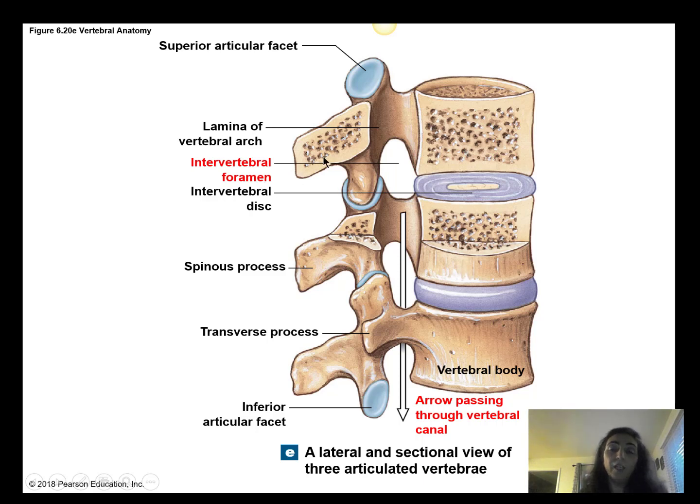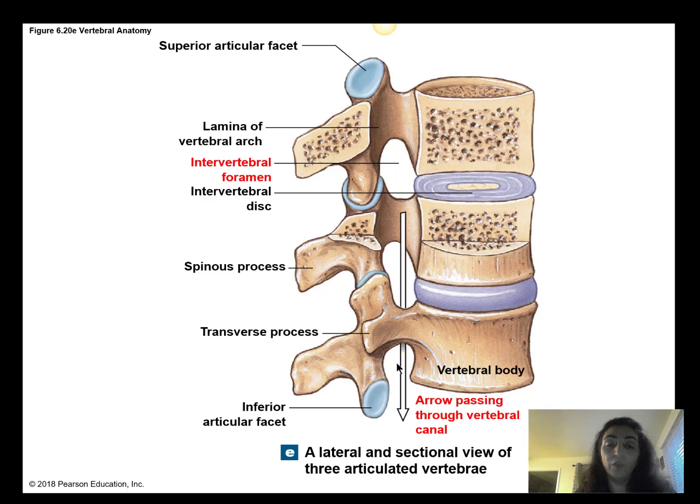We said that in the whole canal, the vertebral canal, the spinal cord is going down. Now, what is passing through the intervertebral foramen? That's the spinal nerves that are coming out of the spinal cord and they're going to go out of the vertebral column, right?